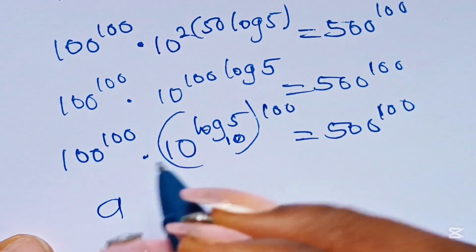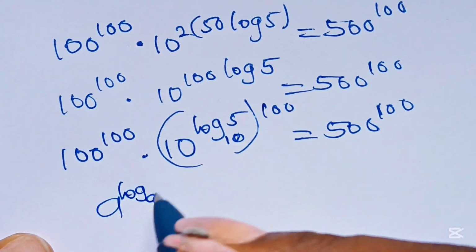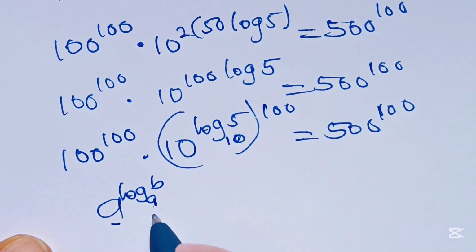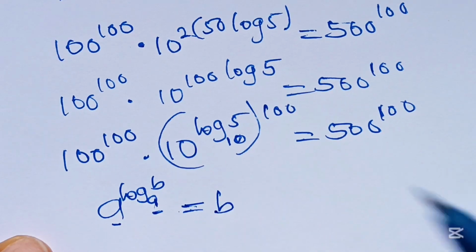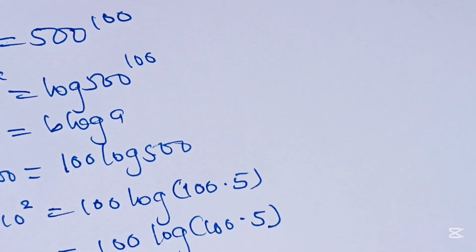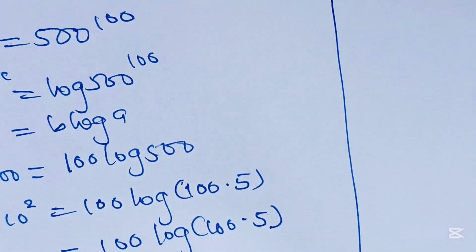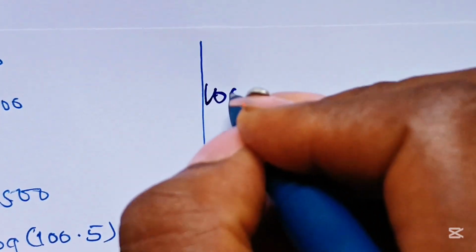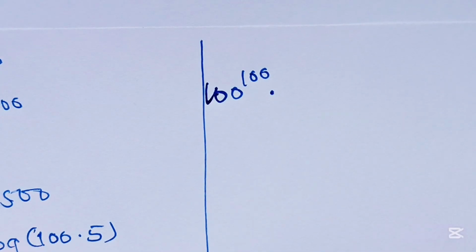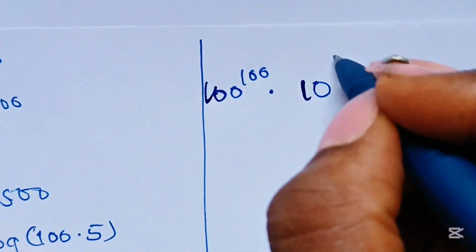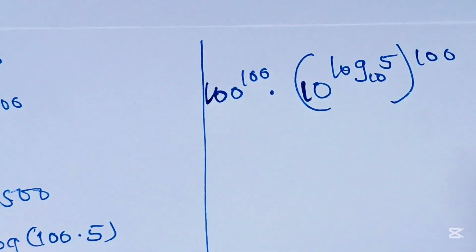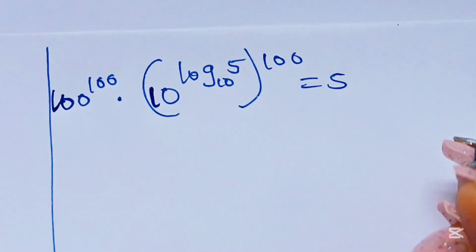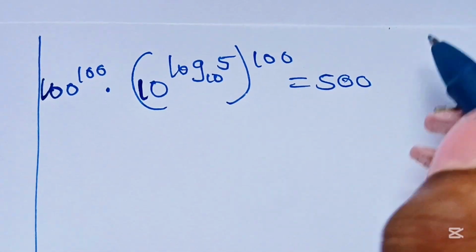And when you have a to the power of log b base a, once this and this are equal, then this is equal to b. All right, so that simply means that, permit me to draw this line. Now this is where we are: 100 to the power of 100 multiplied by 10 to the power of log to base 10 of 5 raised to the power of 100 is equal to 500 to the power of 100.